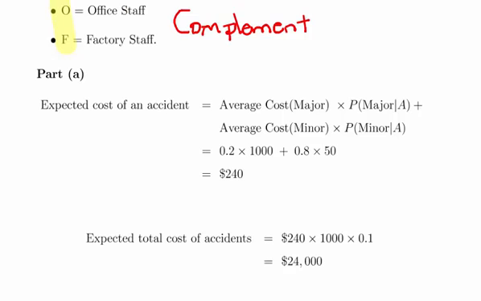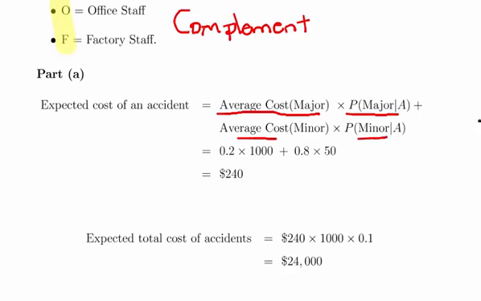Okay, so the expected total cost of an accident. We have major accidents and minor accidents. So the average cost of a major accident times the probability of a major given that it was an accident, plus minor given that it was an accident times its probability. So essentially we're looking at the cost here.